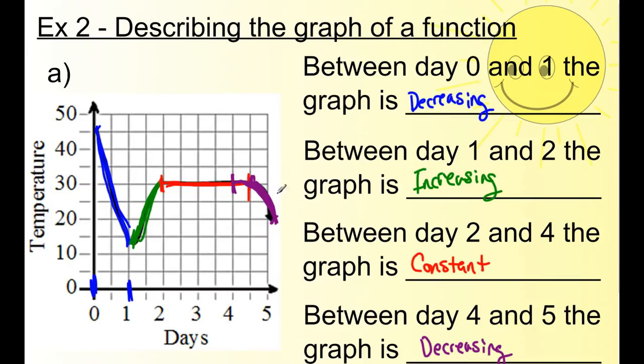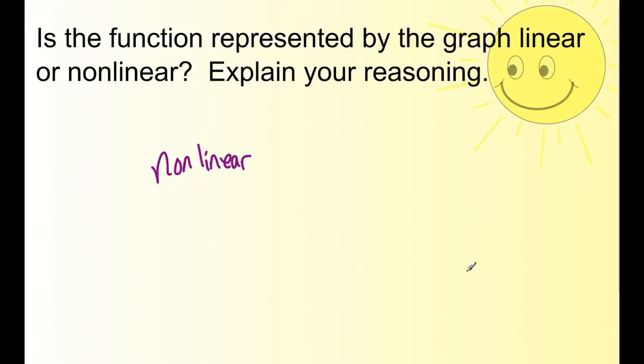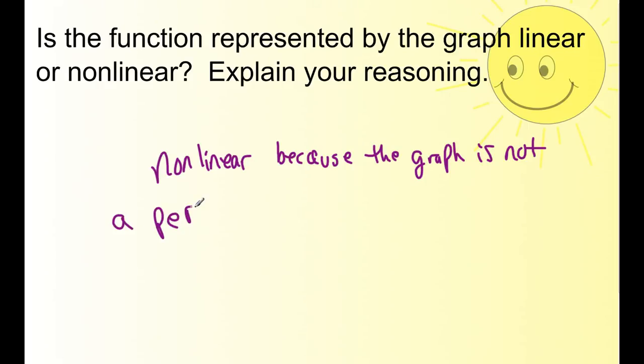And we know it's nonlinear because look at it. It's not a perfectly straight line. It's going up and down and straight and curvies and bumpies and stuff. So it's a nonlinear function. Because the graph does not form a straight line. Not a perfectly straight line.